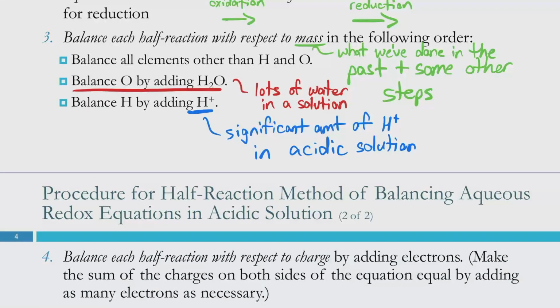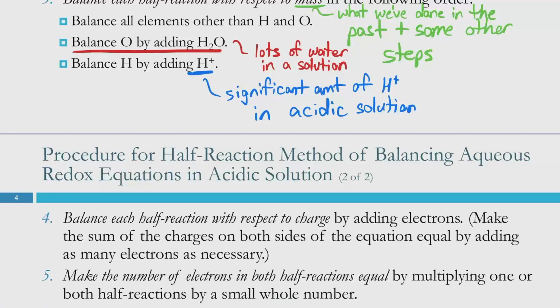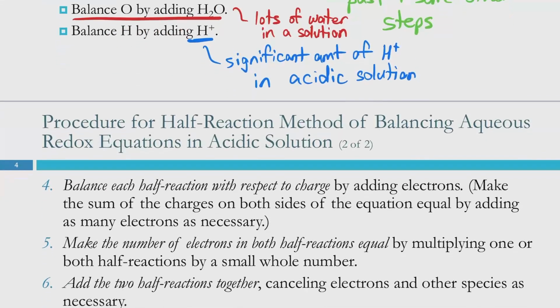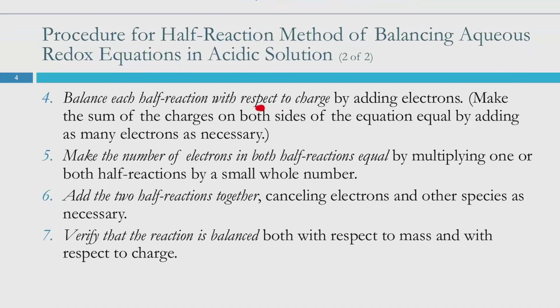Once we've got everything balanced with respect to mass, so balancing things that aren't hydrogen and oxygen, balancing our oxygen by adding H2O, then balancing the H by adding H+, then we can balance it with respect to charge by adding electrons. The tricky part about adding electrons, what charge do electrons have?